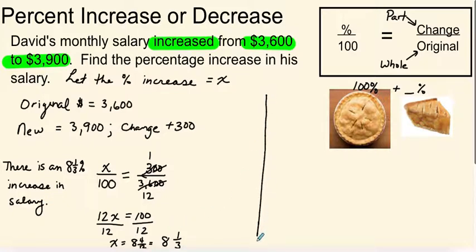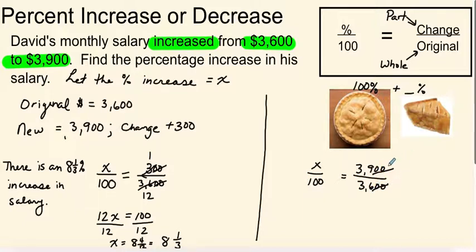I want to show you one other thing that's kind of neat about percent change, and that's what if instead of calculating the change, right, by subtracting these two numbers, what if I just set up my relationship to compare the new amount, $3,900, to the original amount, $3,600? If I did that and I cross multiplied, I'm still going to simplify on this side because I can.